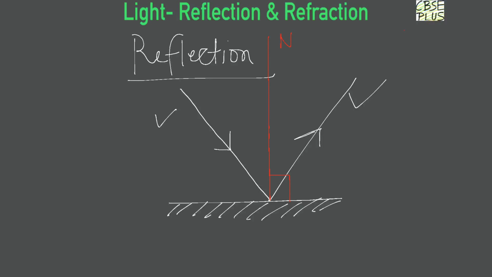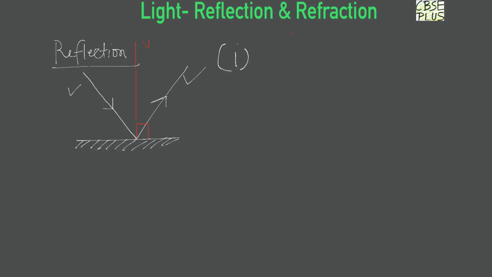Now, there are two rules of reflection. We call them laws of reflection. The first rule is the incident ray, the reflected ray, and the normal at the point of incidence. This is called the point of incidence, where the ray strikes and where the normal meets.